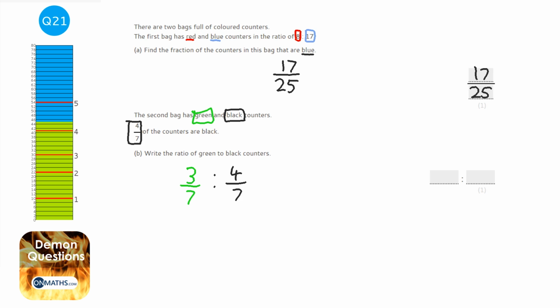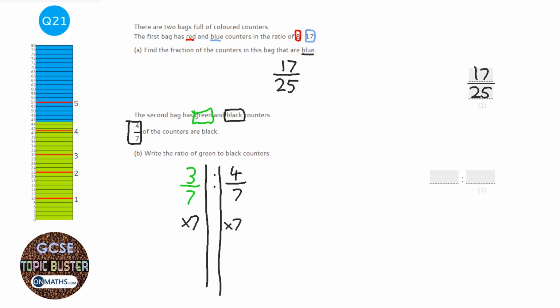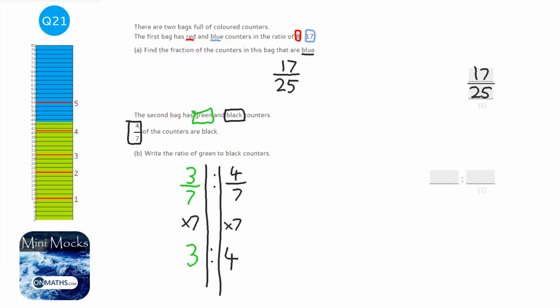So looking at that, what we can do to both sides, and I can put little lines down here, I can times both sides by 7 to simplify the fraction, to simplify the ratio even. So when I times the left by 7, I get 3, and when I times the right by 7, I get 4. So the ratio of green to black, and be careful that you have it in the same order, so we need to have green then black, is 3:4. And make sure that it's in simplest form, which it is.